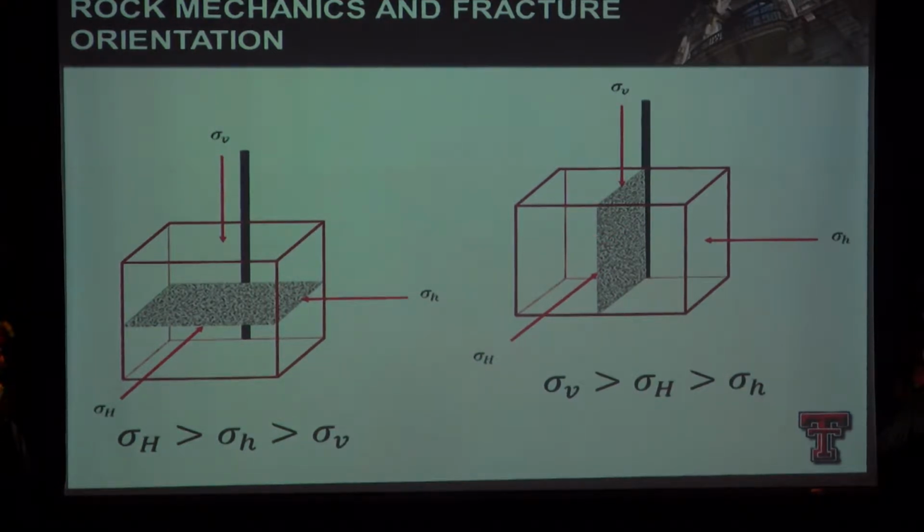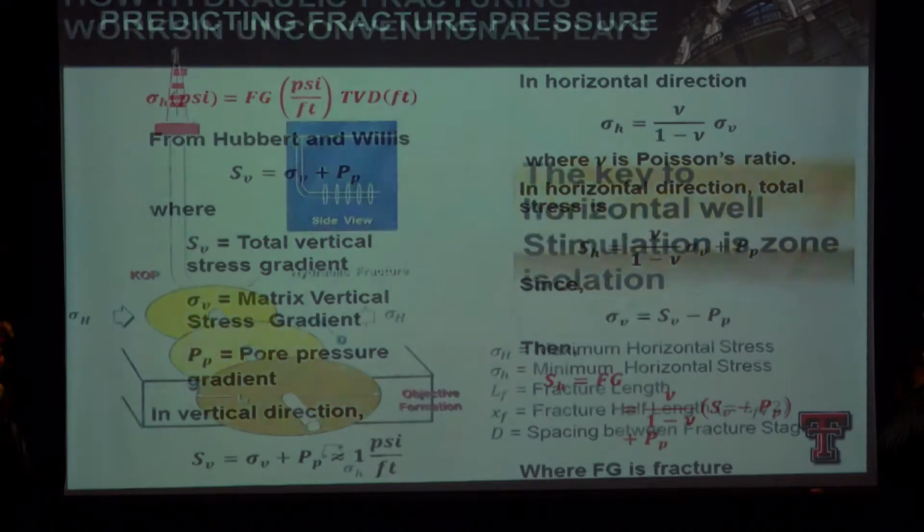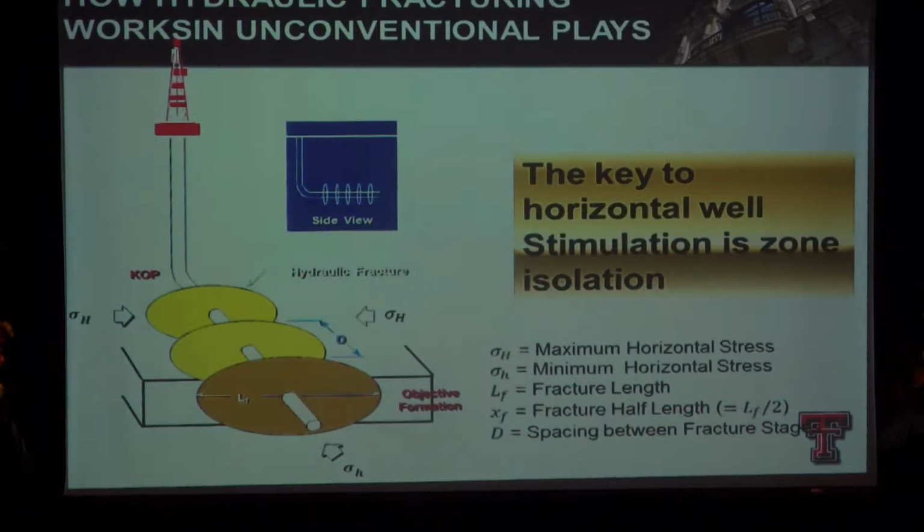Now, if we fracture wells shallow, then the least force is the vertical force, and these fractures actually grow in a flat plane. I'm not going to go through the equations here, but we can predict the pressures it takes to part the rock. These are our modern-day, state-of-the-art horizontal wells in unconventional plays.